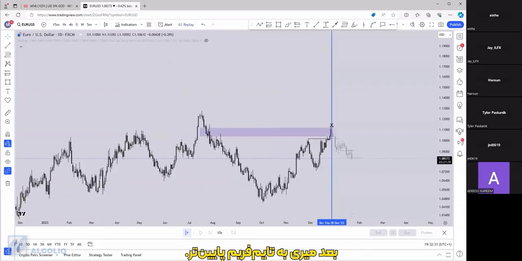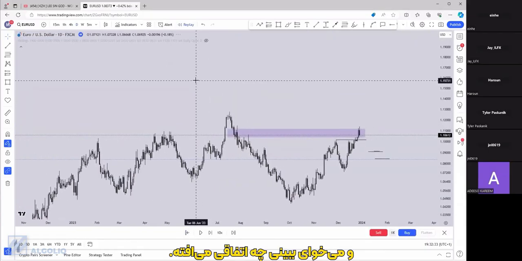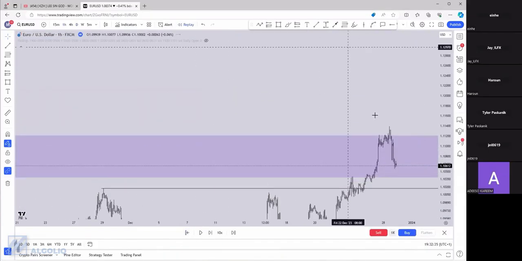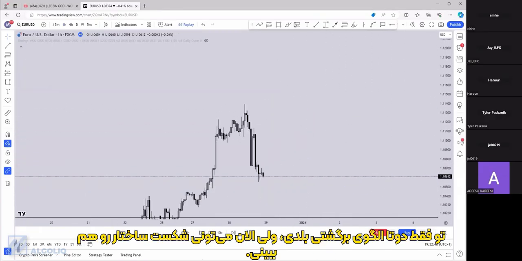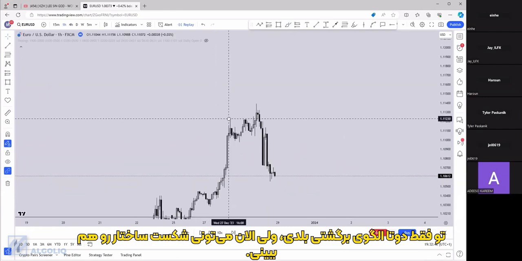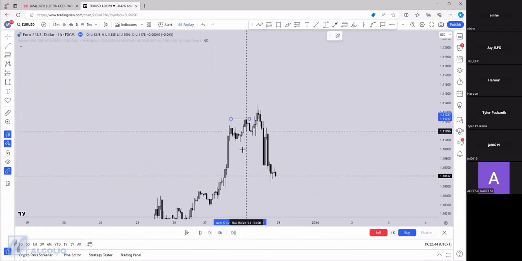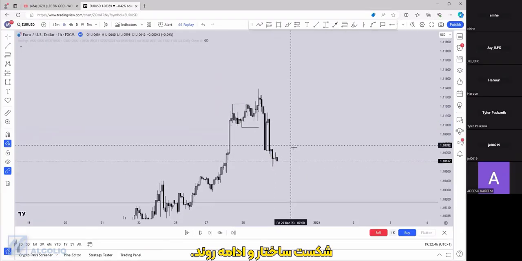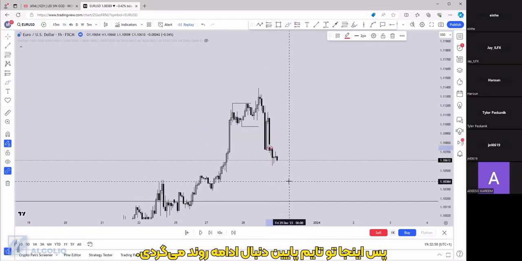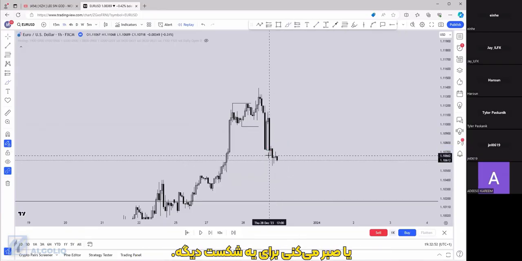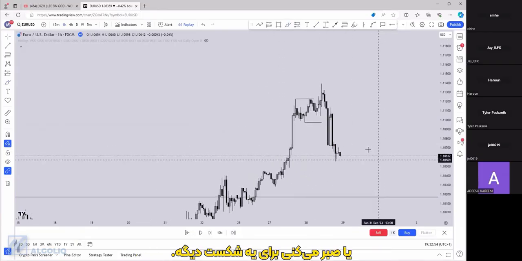Then you go to lower time frame and you want to see something happen. So either you can trade, for now you only know 2 reversal patterns, but now you can see breakout structure, 2 breakout structures and continuation. So you look for a continuation here on lower time frame, or you wait for another break.